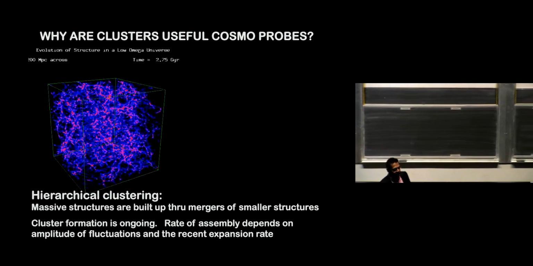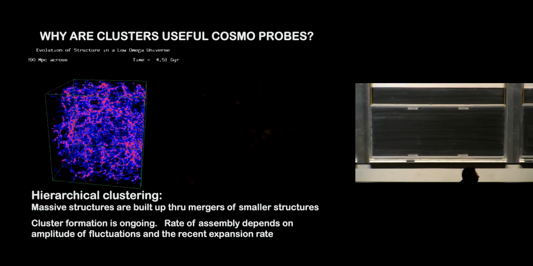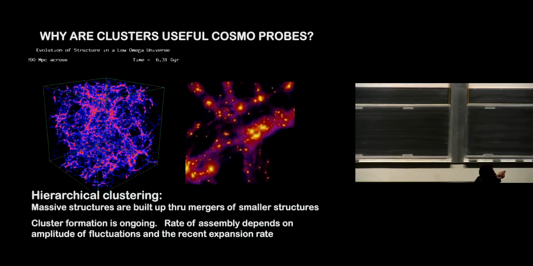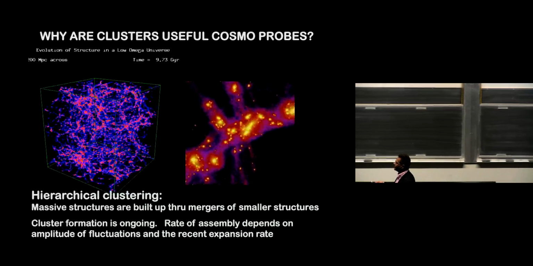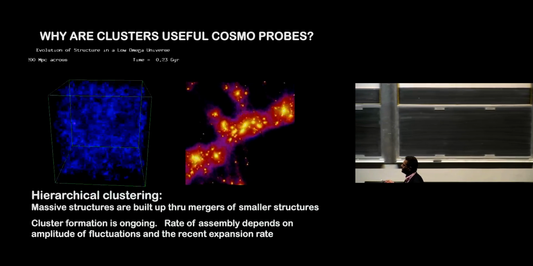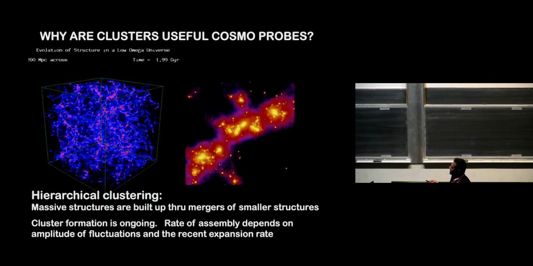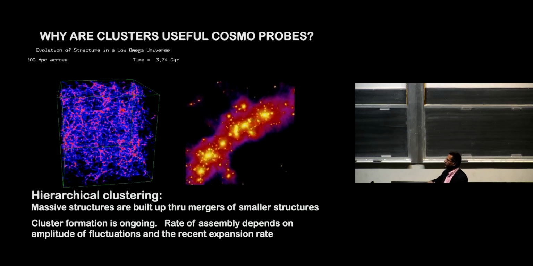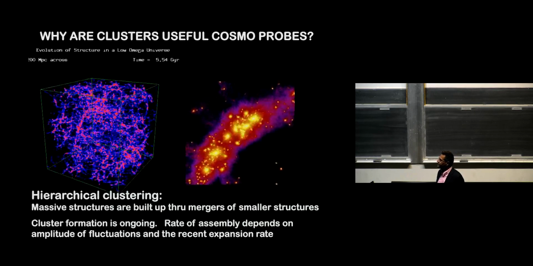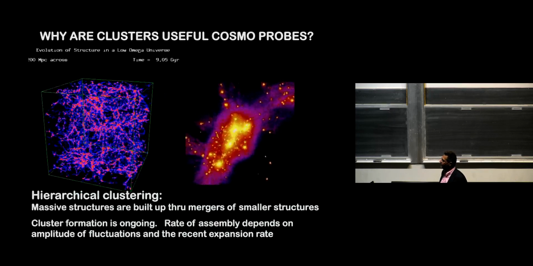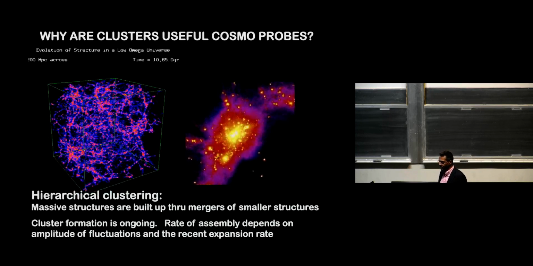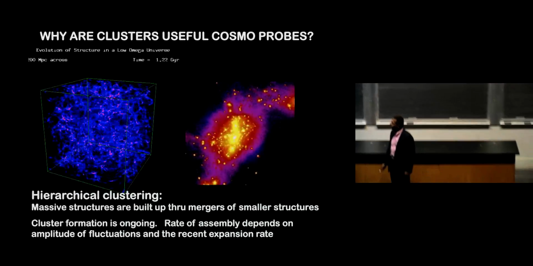This is probably the only slide that actually brings in what I do for a living for 80% of my time. It's a numerical simulation of structure formation in the universe. You see that at an early epoch, the mass density distribution is rather smooth, but there are tiny little ripples embedded in it that have presumably come out of inflation.